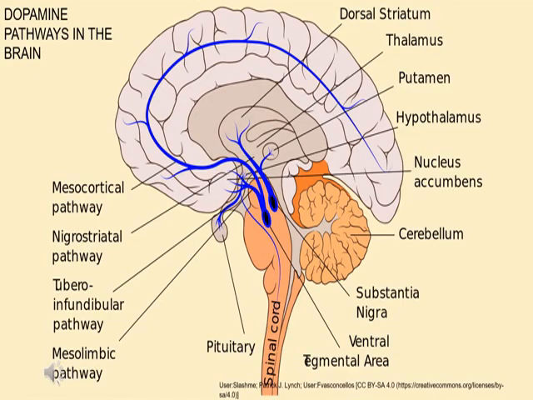This slide is here to remind you of the three main pathways involving dopamine in the brain, so that you can distinguish them from other pathologies such as schizophrenia. You'll see the mesocortical pathway, which is projecting from the midbrain through the cortex.